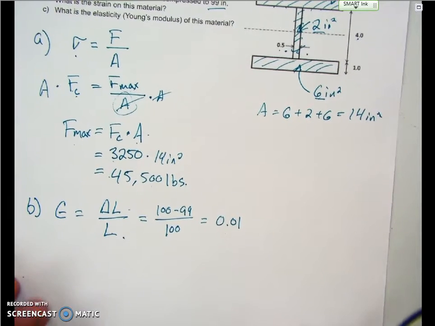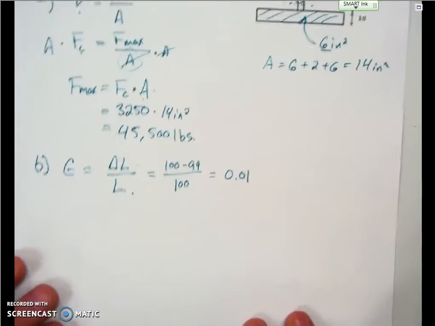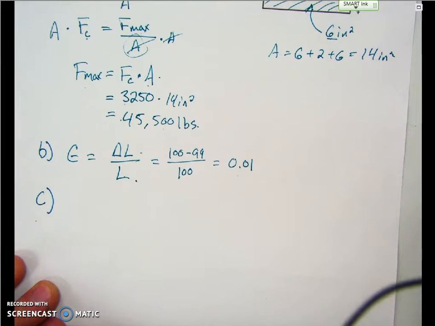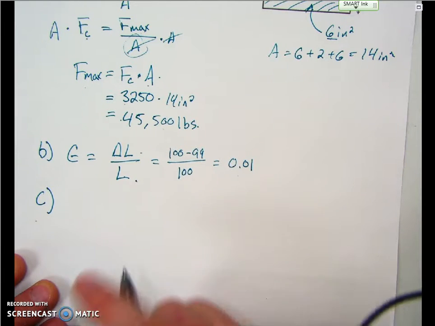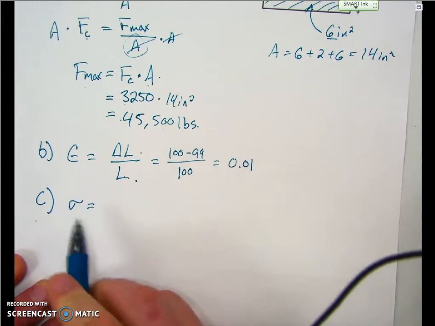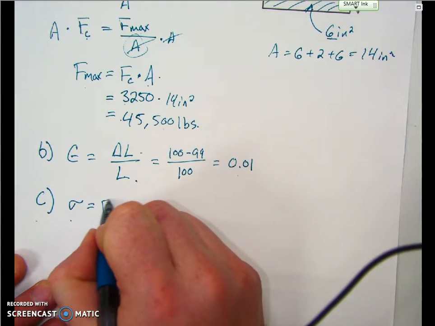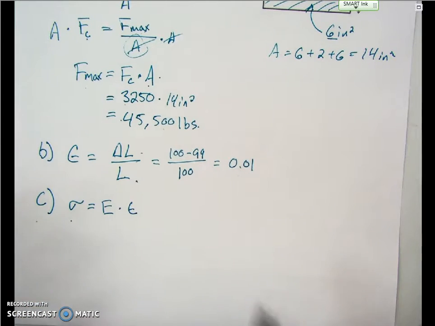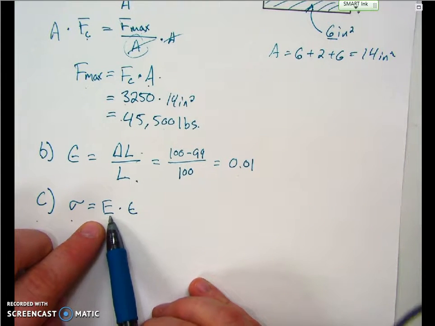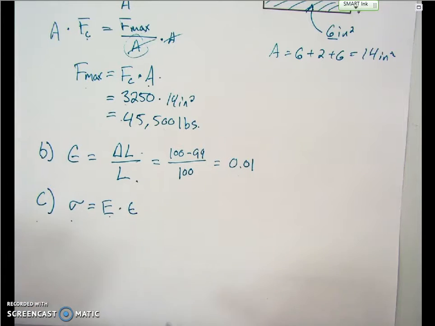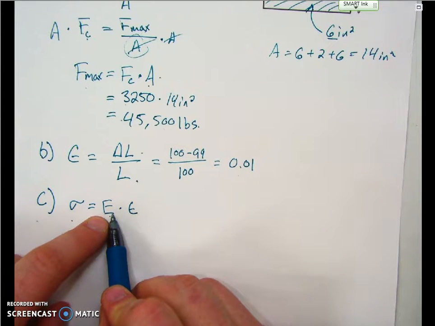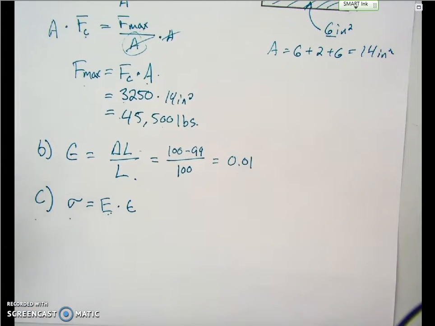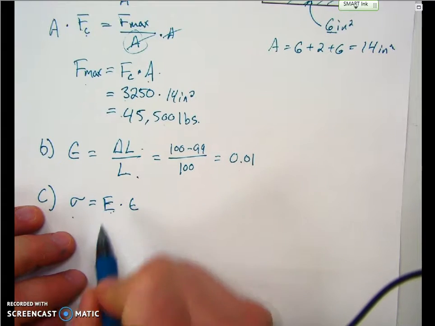And now we can use this to get an idea of how elastic my material is. Again, just going back to this equation, for part C, it's asking about the elasticity. So if I write that equation out, it says the stress of my material is the elasticity times the strain. And you can think about this. If I have a stretchy material, a material that's got a high elasticity constant, the stress relative to the strain in the material is going to be a little bit less.